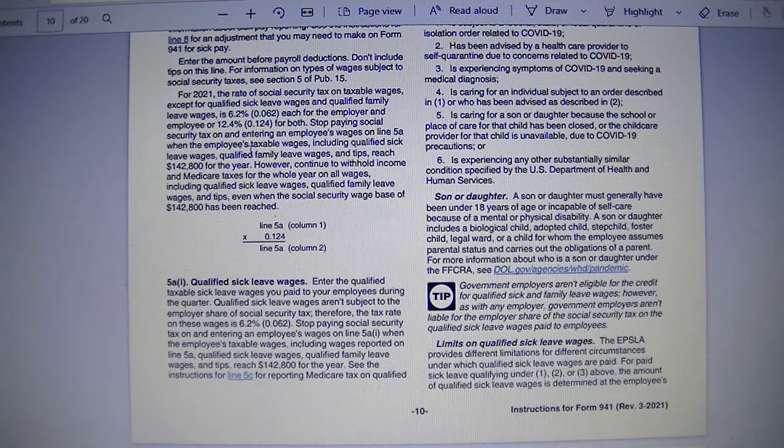So you will collect and pay Social Security tax on the wages, including qualified sick leave, qualified family leave, and tips, until you reach 142,800 for the year. And then you stop collecting Social Security tax on that employee's salary. But the Medicare tax will continue to be applied to that employee's wages, but the Social Security will stop. So that's something I want to point out.